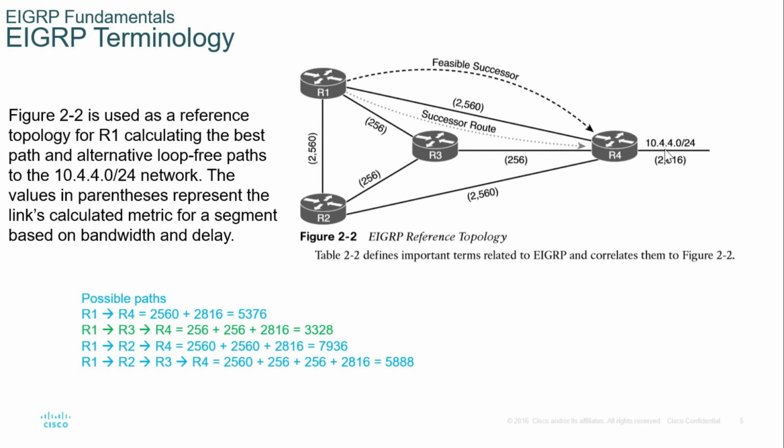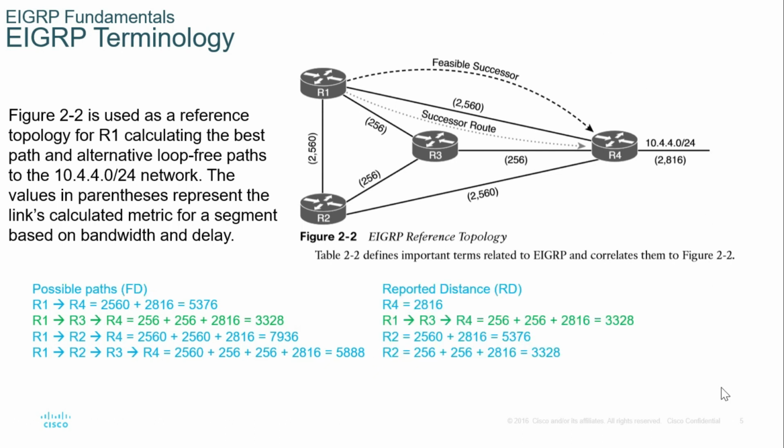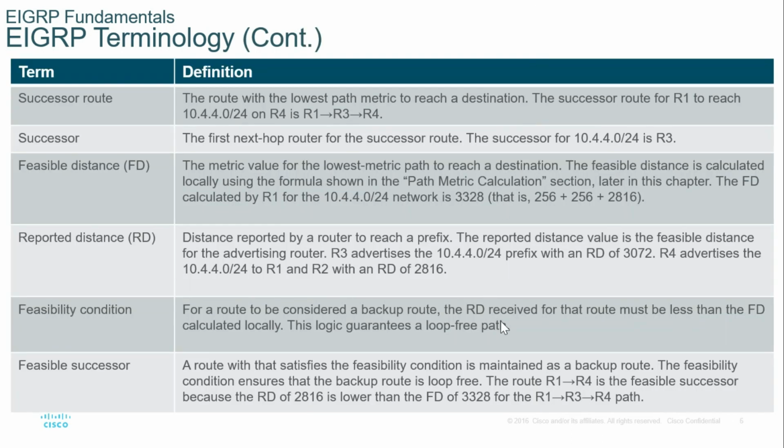Now untuk kita pilih the backup path, kita kena tengok reported distance. So bukan feasible distance. We need to look at the reported distance. So saya bagi lagi semula the definition for feasibility condition. The reported distance received for that route must be less than the feasible distance calculated locally.